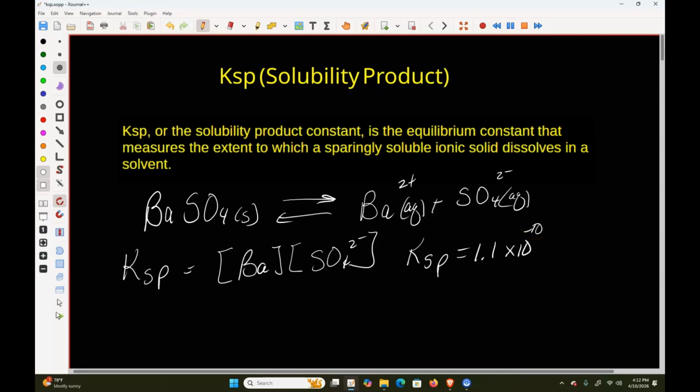That's a very small amount of solid that will dissolve in water. So the larger the value of the Ksp, the more soluble the salt is in water. We're going to say that solubility describes either the grams of solute per liter or the moles of solute per liter.